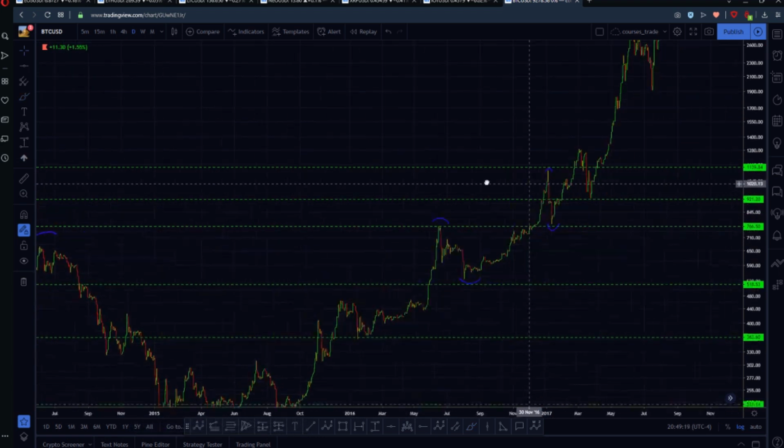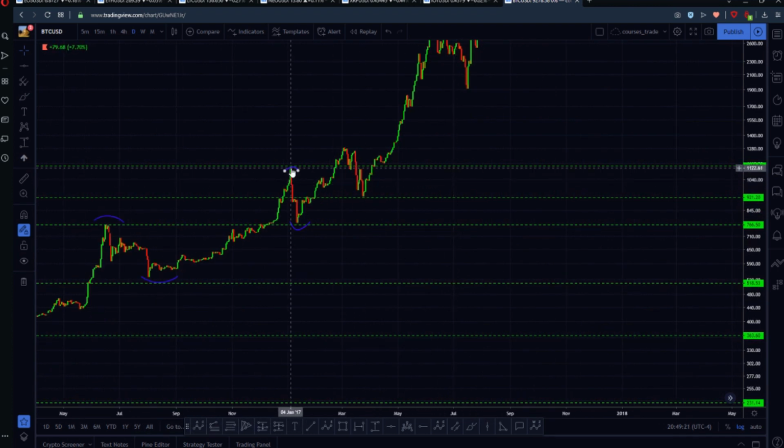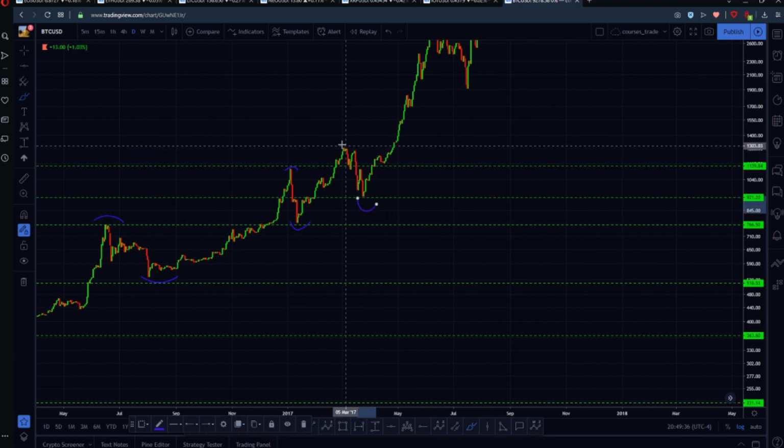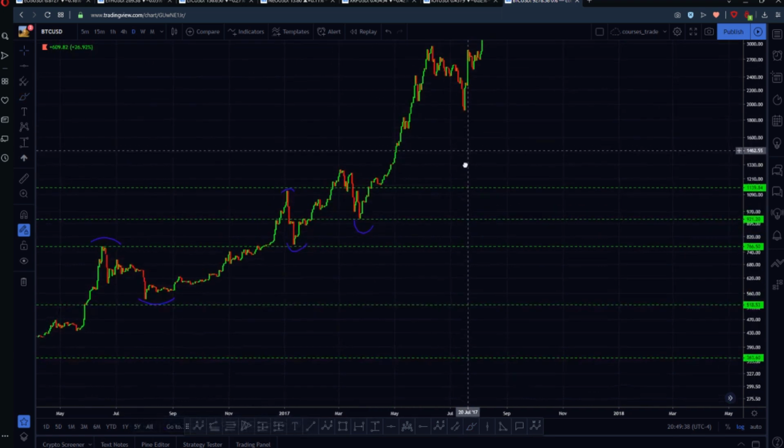So yes, it did react here, and then this support launched the bull rally again. We can consider this as a decent reaction, but the bulls keep increasing their bids higher and higher, and then eventually we got a break.